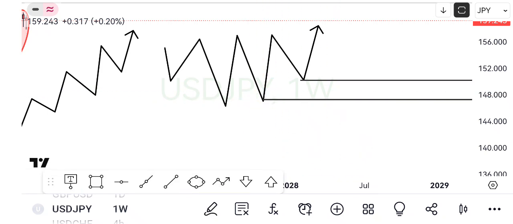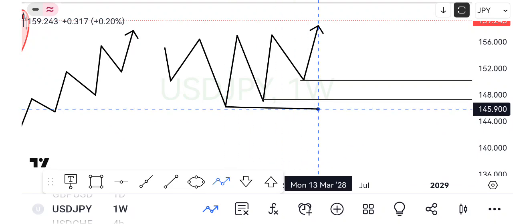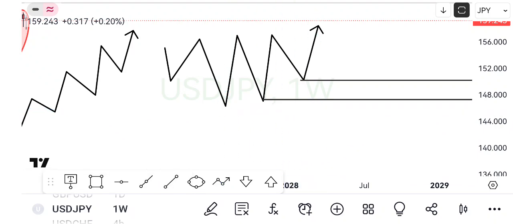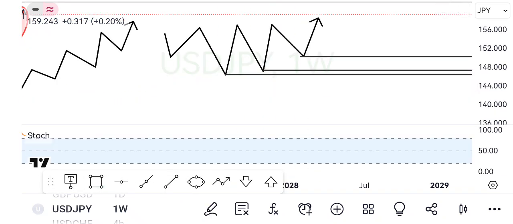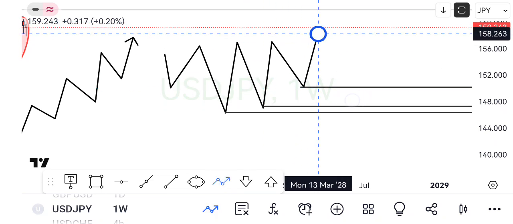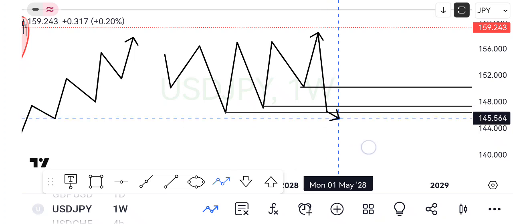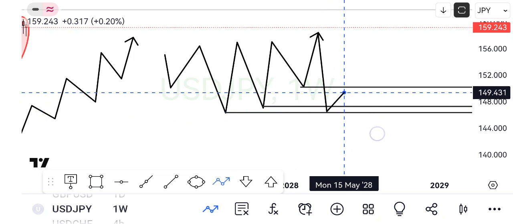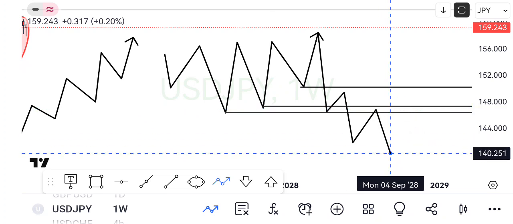If it doesn't work, I will look to buy on this one. And then this is going to be the final support which I will be looking at for buying opportunities. Because should the price come and break below right here, this is where I will now be looking for selling opportunities.